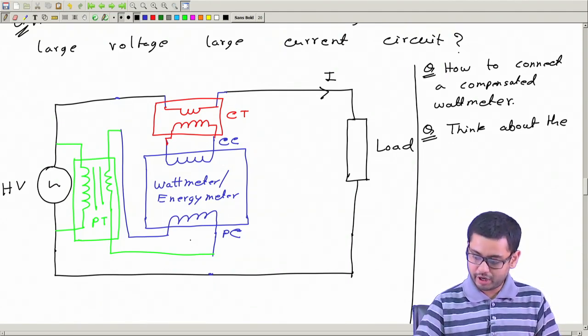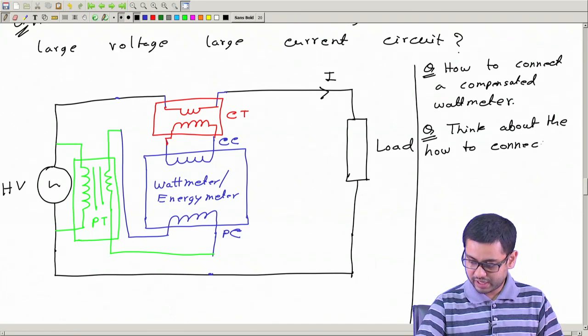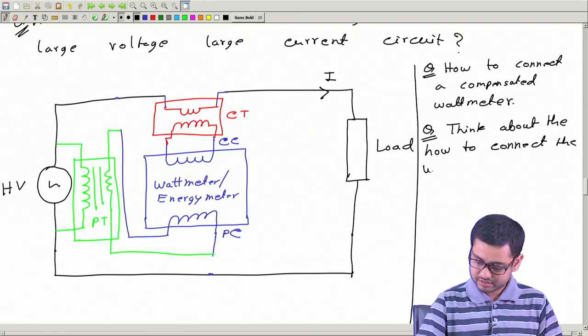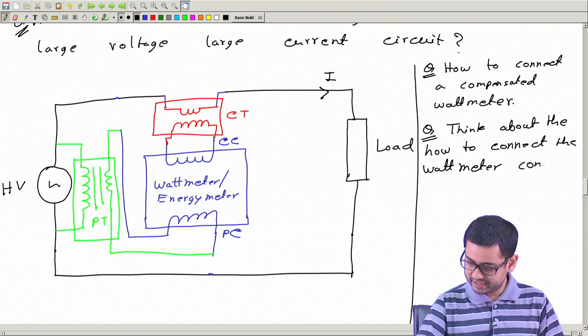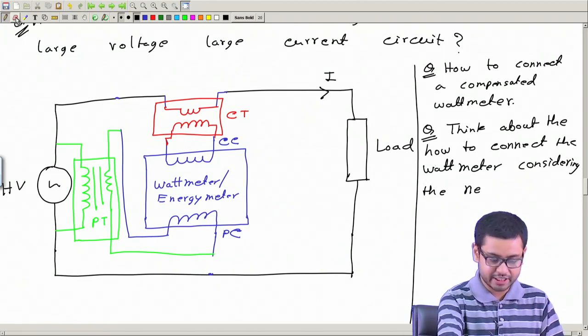Okay, so think about how to connect the wattmeter considering the possible negative reading.